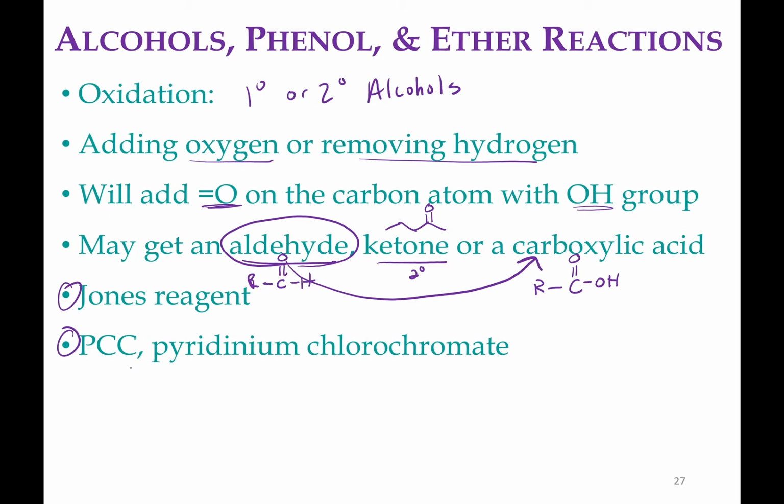And then we have pyridinium chlorochromate, which is usually given the acronym PCC. Sometimes you might see PDC as well, but PCC is probably what I'm going to use. It'll be most common here. And it's usually in a methylene chloride solution, so you might see CH2Cl2 written there as well as part of what's in the solution.